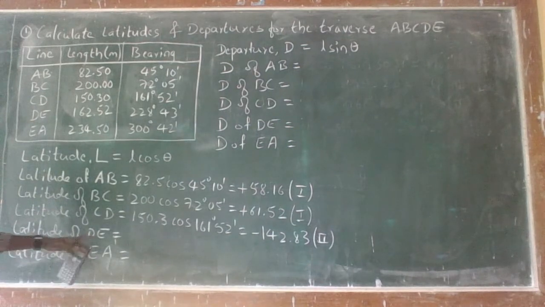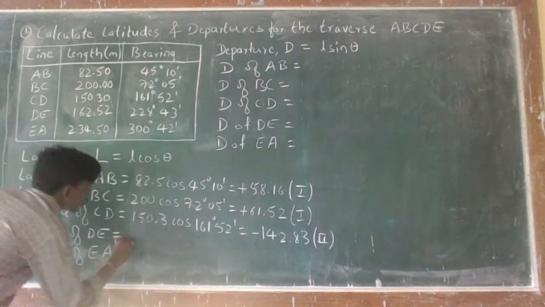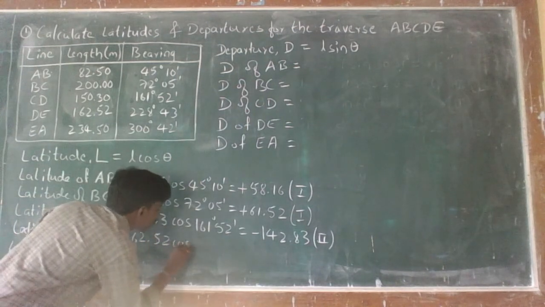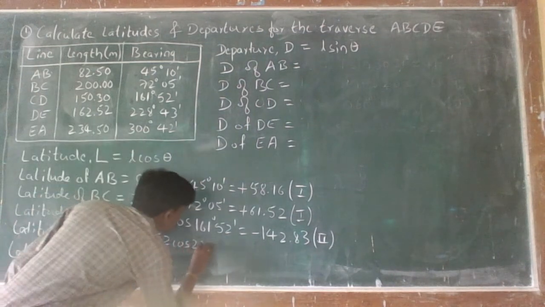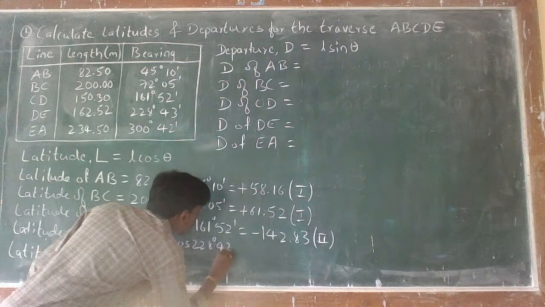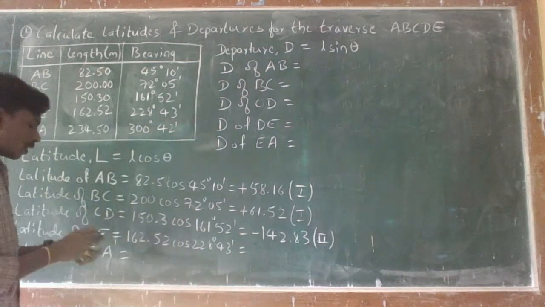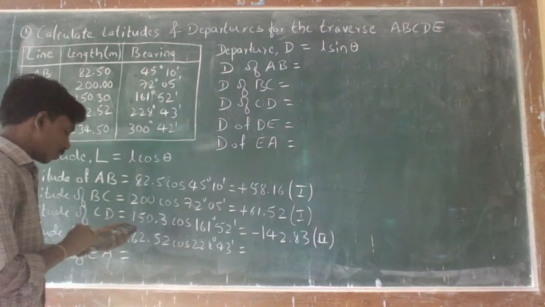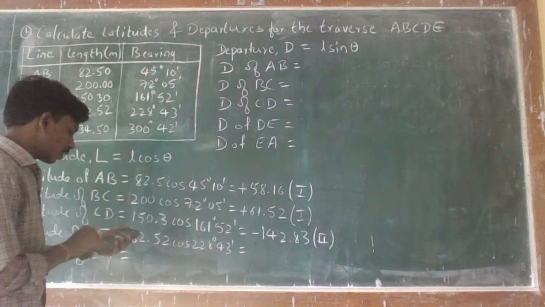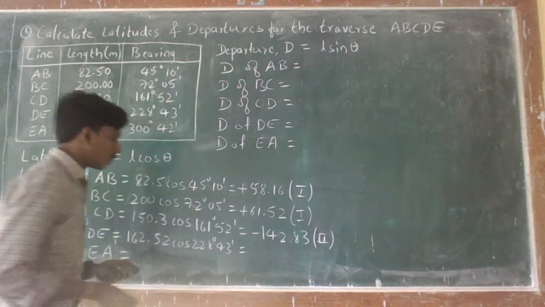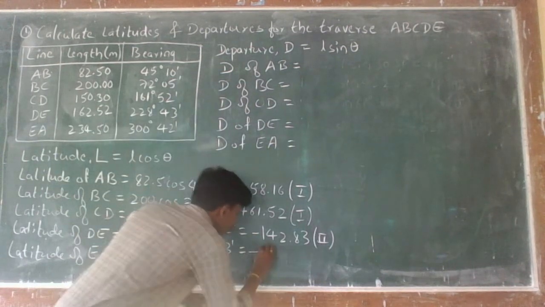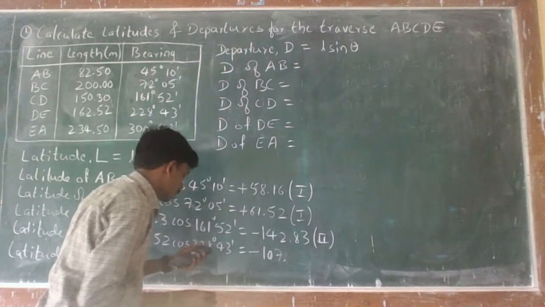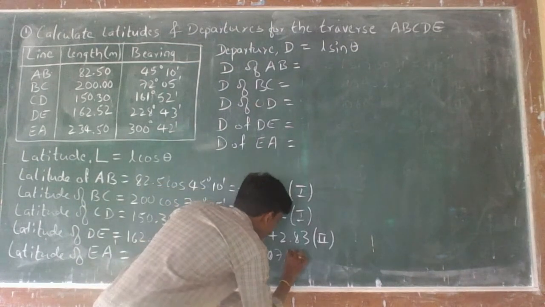Now latitude of DE. So the length of DE is 162.52 cos. The bearing is 228 degrees 43 minutes. Now calculate 162.52 cos 228 degrees 43 minutes. Now the value is minus 107.22.